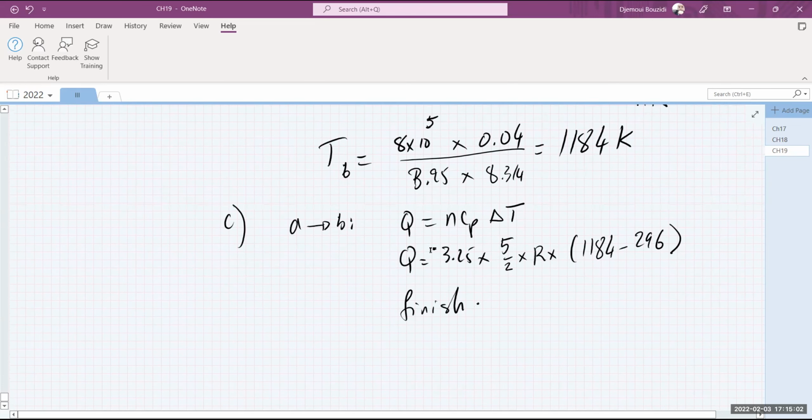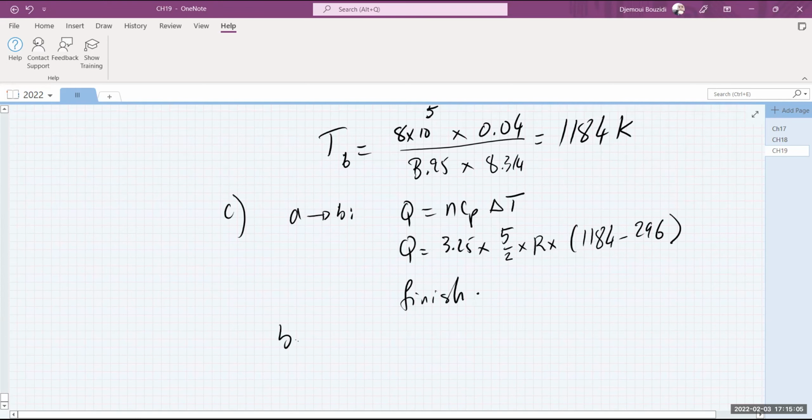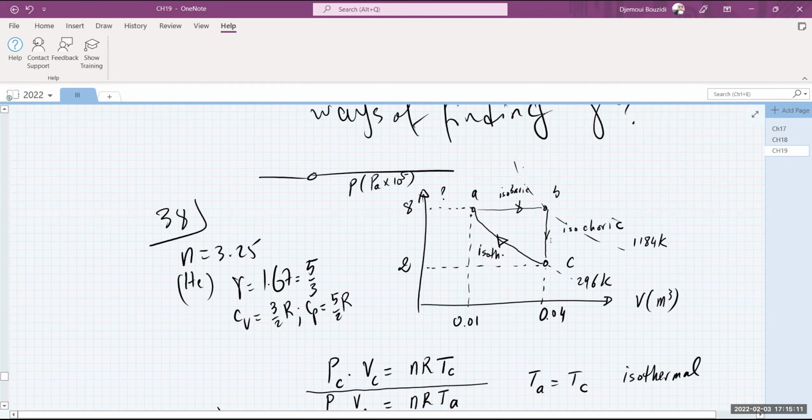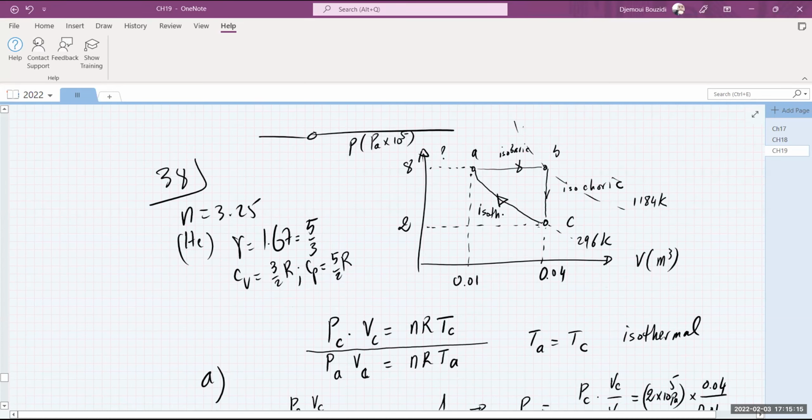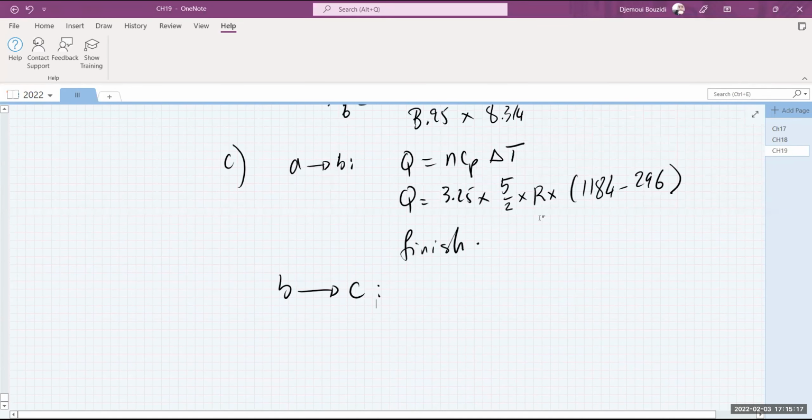Okay. For part B to C, I'm sorry. Well, this is an isochoric process, going from B to C. So Q is going to be n Cv delta T. Well, n is 3.25 times Cv is 3/2 R. And you know what R is.